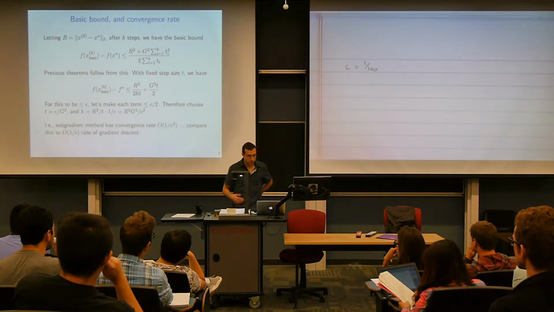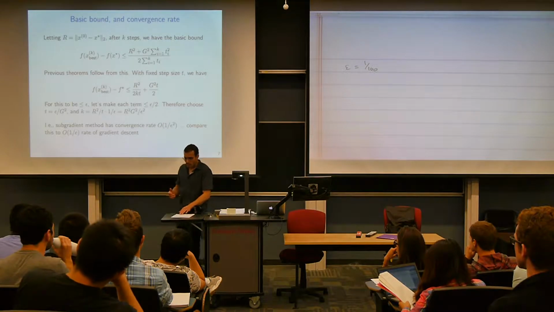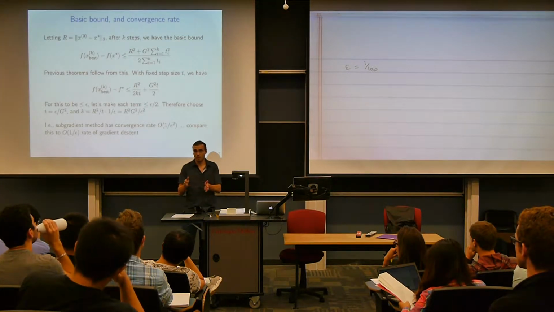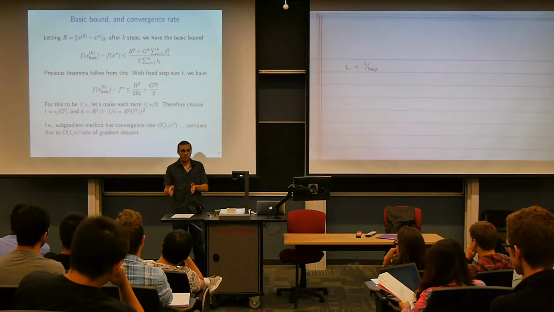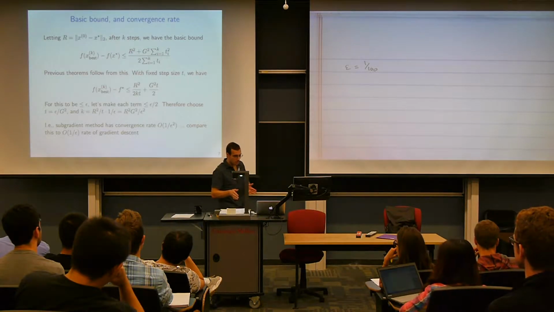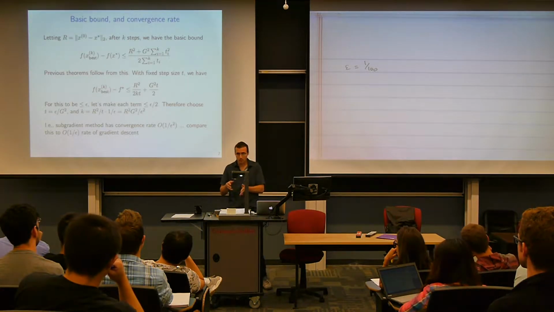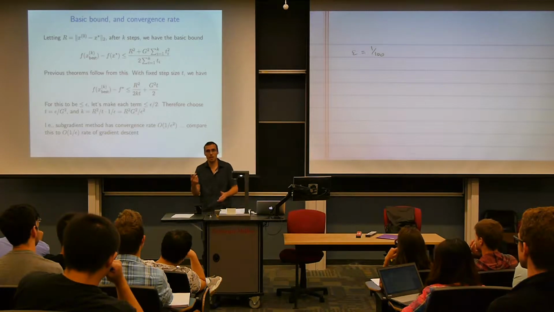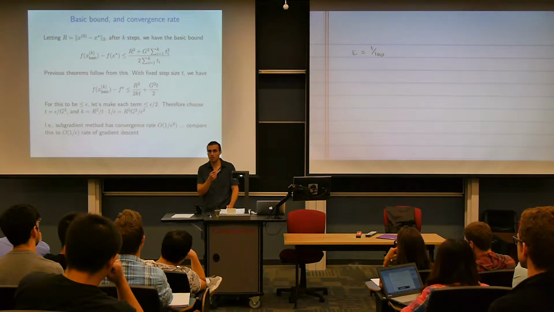Let me try to rephrase the question. It is true that if f is Lipschitz, it's differentiable almost everywhere. And the comment was that this means that most of the time as I'm running the algorithm, I'll be at a point where it's differentiable, and so I'll just be applying gradient descent.